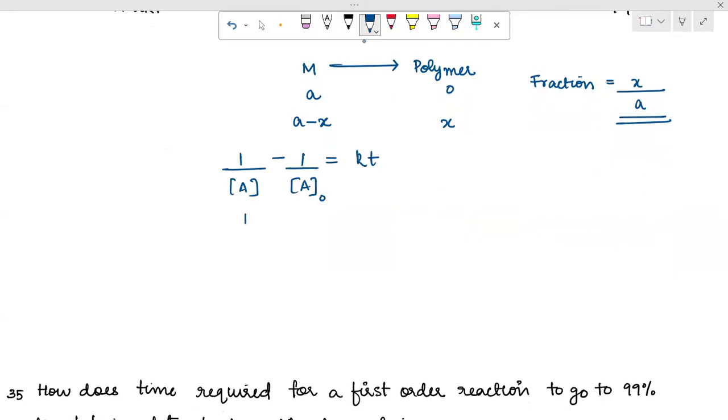Now our final concentration is, so I'll change the final concentration as A minus X and the initial concentration as A. Now I'll rearrange this. So if I take the LCM, this is going to be A minus A plus X divided by A minus X into A is equal to KT.